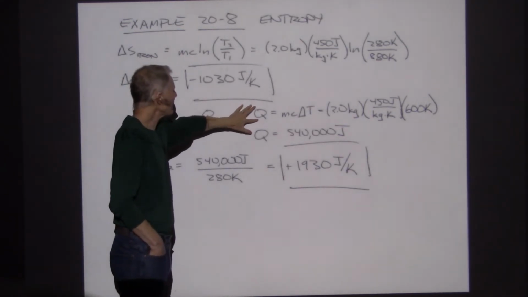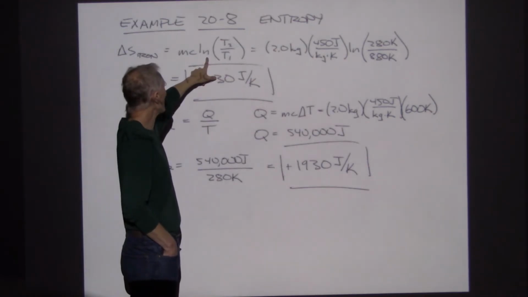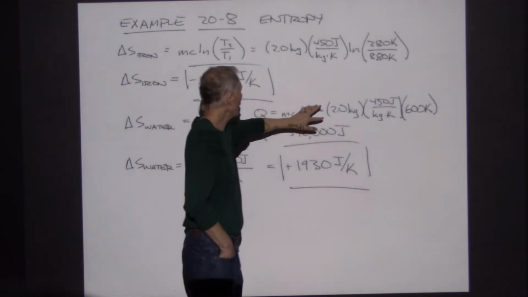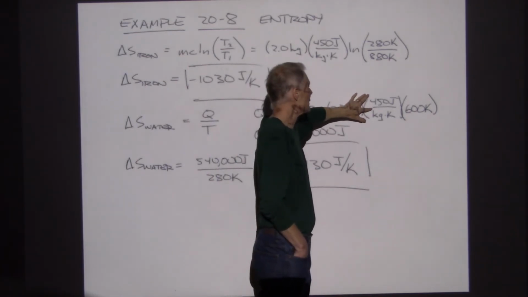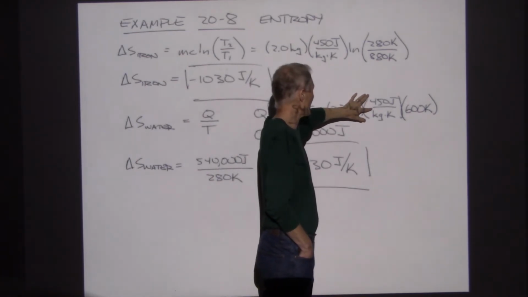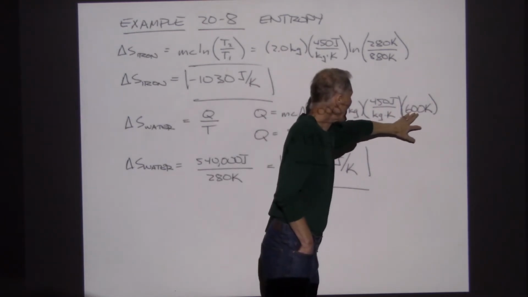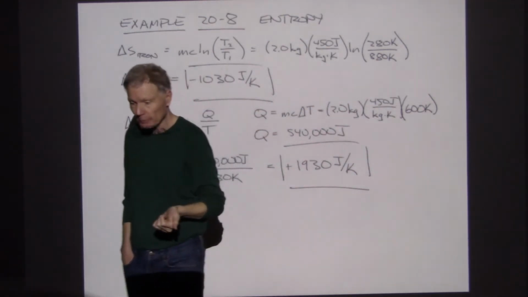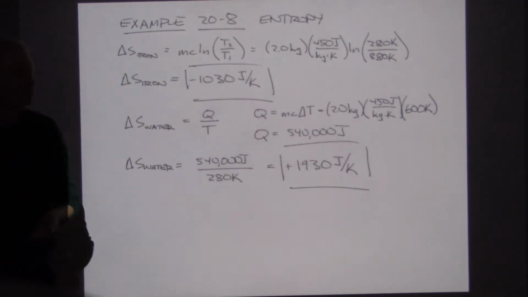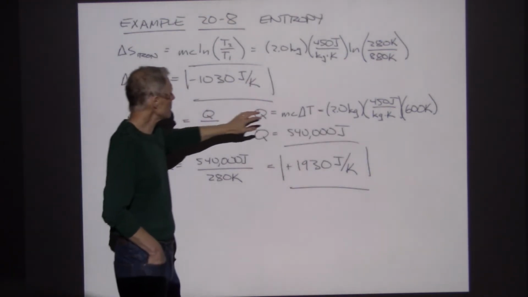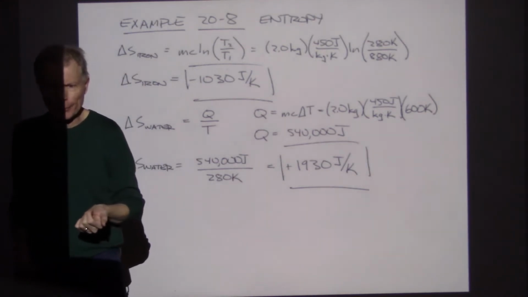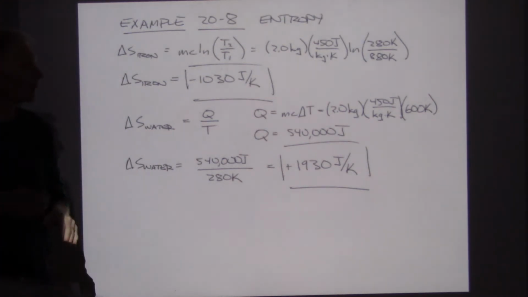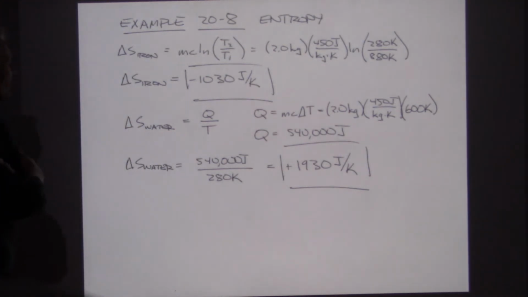Now, the amount of heat coming out of that block of iron: it was a 2 kilogram piece of iron, its specific heat was 450 joules per kilogram per Kelvin, and the temperature of the iron dropped 600 kelvins. So this is the amount of heat that came out of my block of iron when it went into the lake: 540,000 joules of heat went into the lake.